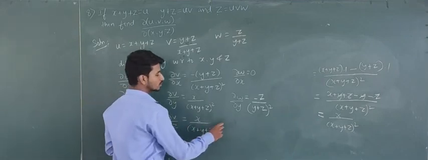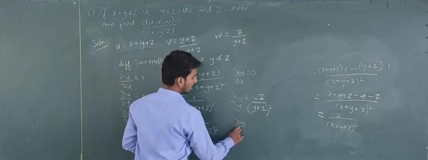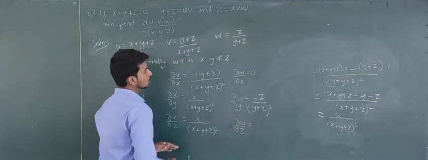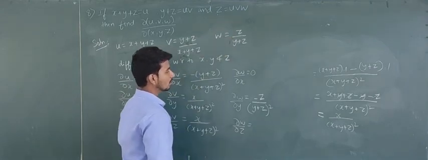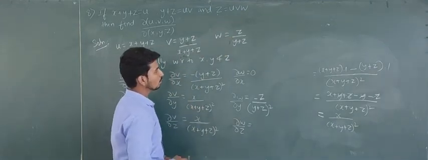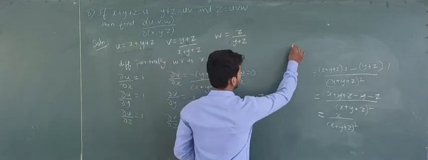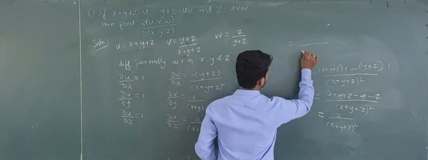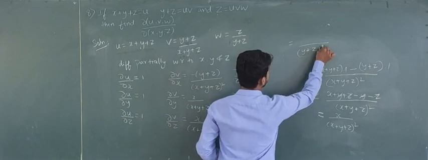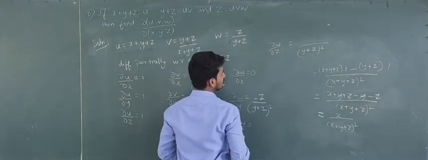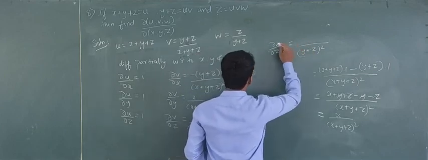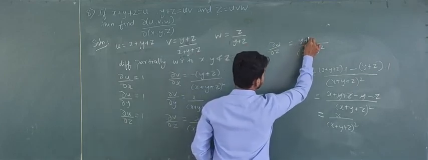Next dou w by dou z, this function with respect to z. Now we will write in the u by v form, that is denominator will be y plus z whole square. Denominator as it is, y plus z.